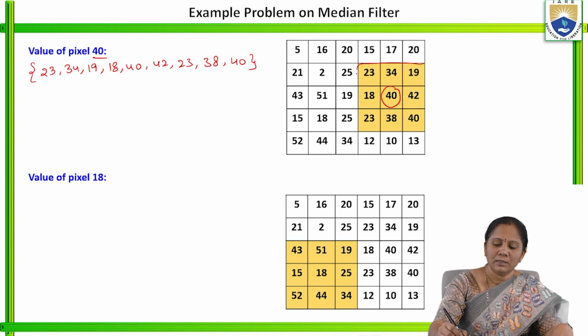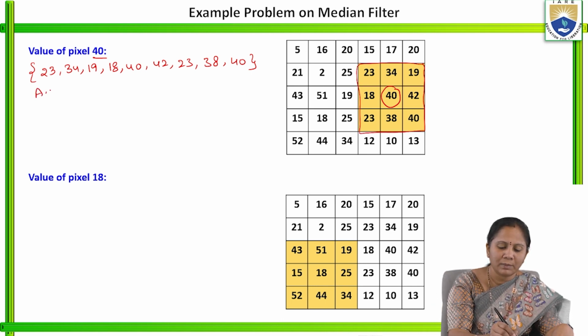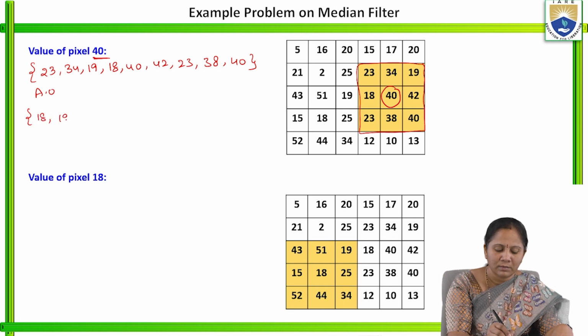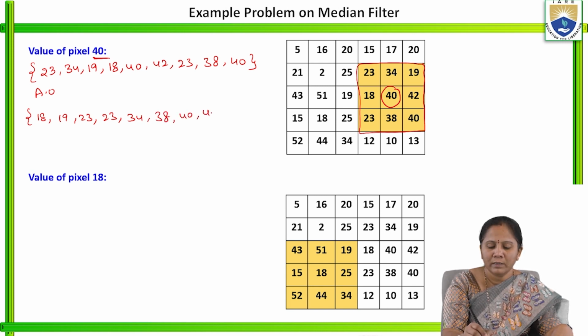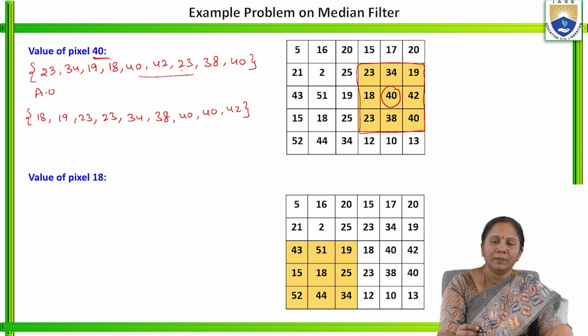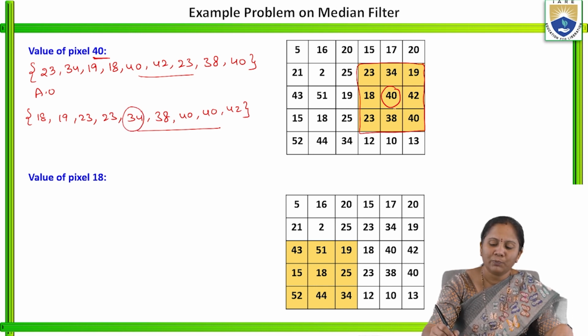So this is the sub image. Next, we have to arrange them in the ascending order to find the new pixel value for 40. So here 18, 19, 23, 23, 34, 38, 40, 40, 42. So all these pixel values are arranged in the ascending order. So the middle value is 34, so this 40 will be replaced with 34.